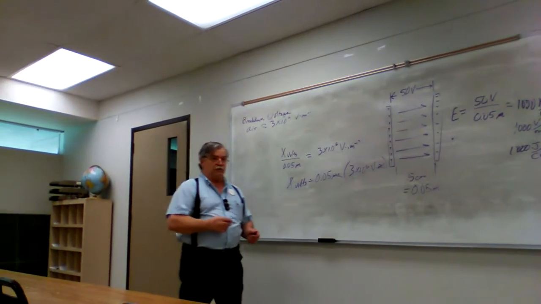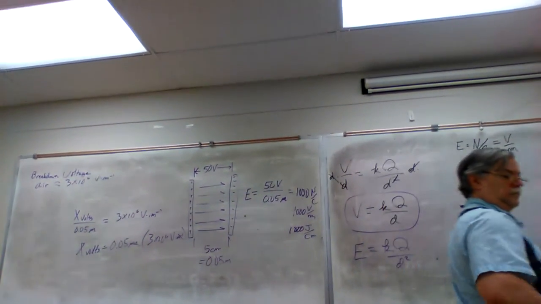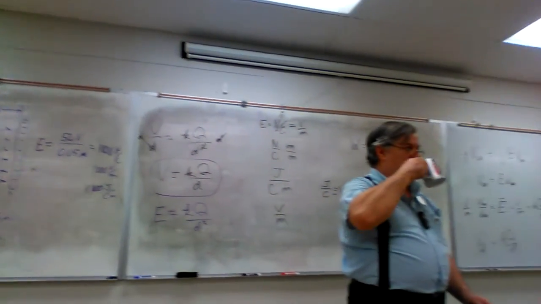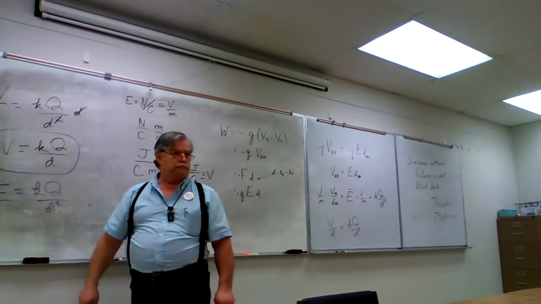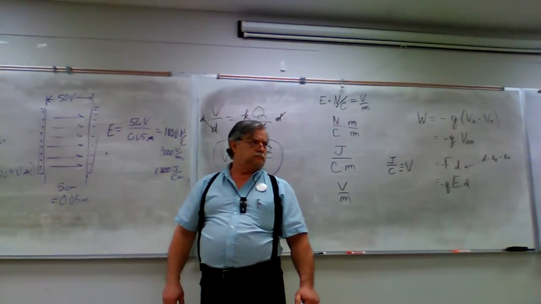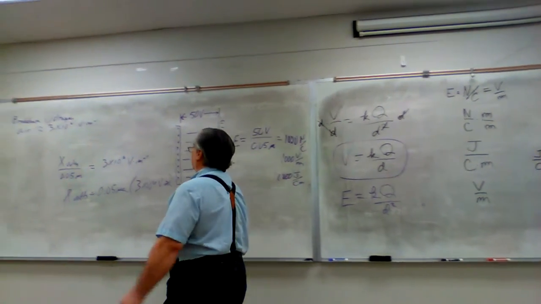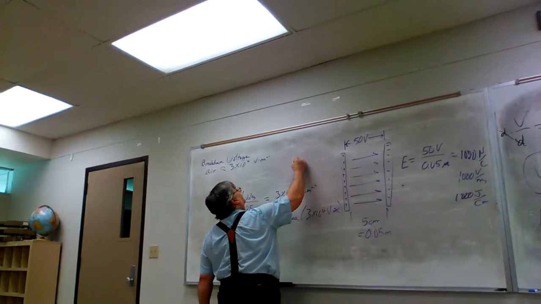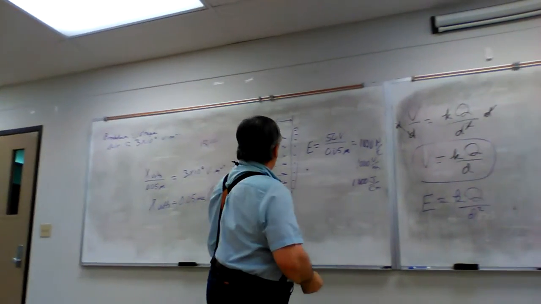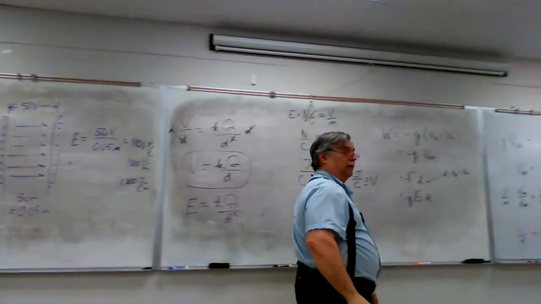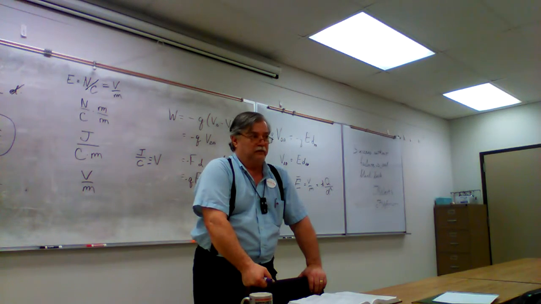What's 0.05 times 3 million? $150,000. Okay. So, you get those two plates 5 centimeters apart, you get them up to 150,000 volts, and you'll start seeing sparks.